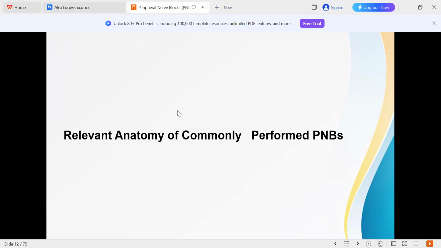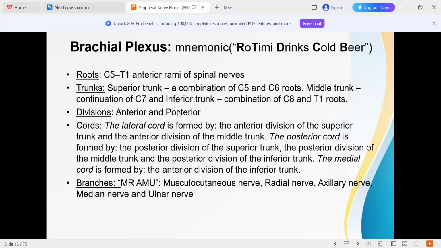So let's look at the relevant anatomy. The first one is the brachial plexus. Understanding the anatomy of the brachial plexus is important. Don't forget the mnemonic: roots, trunks, divisions, cords, branches. The roots are C5 to T1, the anterior rami of spinal nerves.